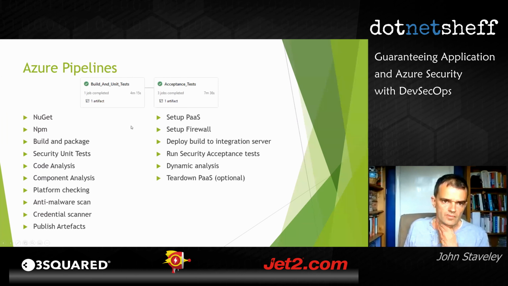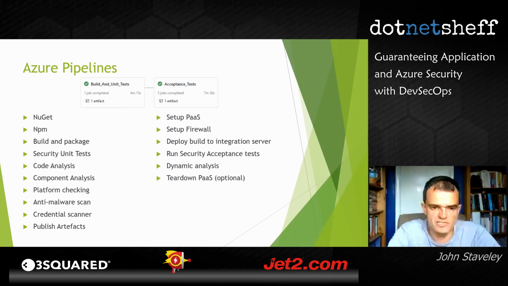Okay. Right, so what are Azure Pipelines doing? It does NuGet restore, npm, build and package, runs the security unit tests, does security code analysis, security component analysis, checks the platform for security bugs, does an anti-malware scan, scans for credentials you shouldn't have checked into code, publishes the artifacts to a server, then sets up the ARM template, configures the firewall using PowerShell, deploys the build to the integration server, runs the acceptance tests, and then does dynamic analysis, in this case OWASP ZAP, against it to get some more security feedback.